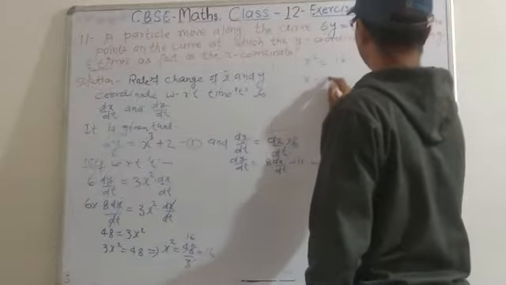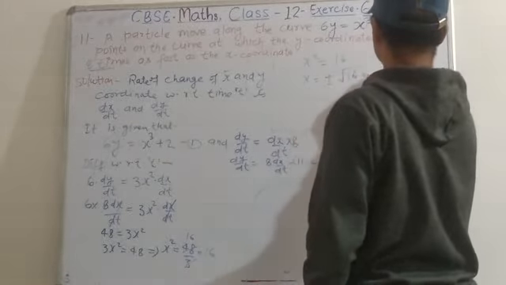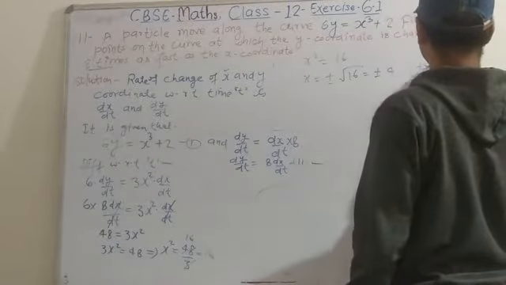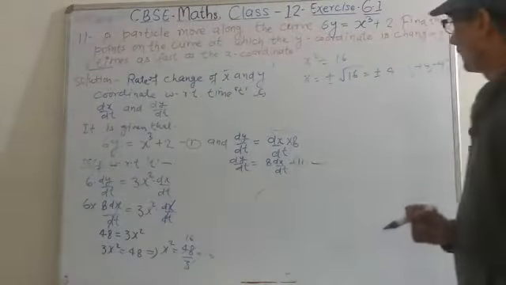Therefore x = ±√16 = ±4. So x is +4 and also −4.